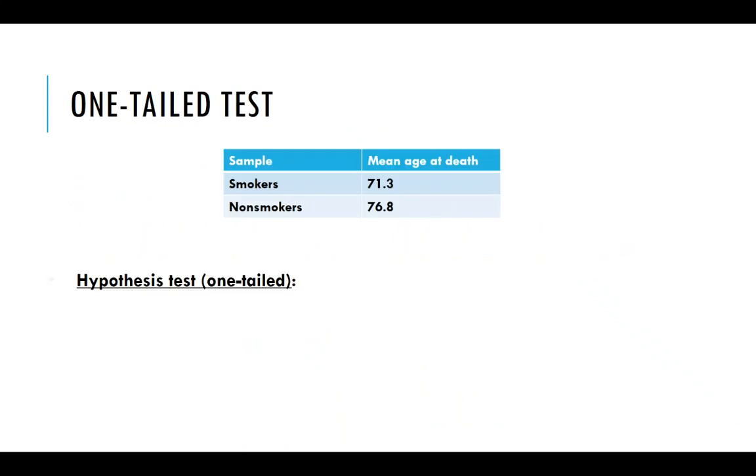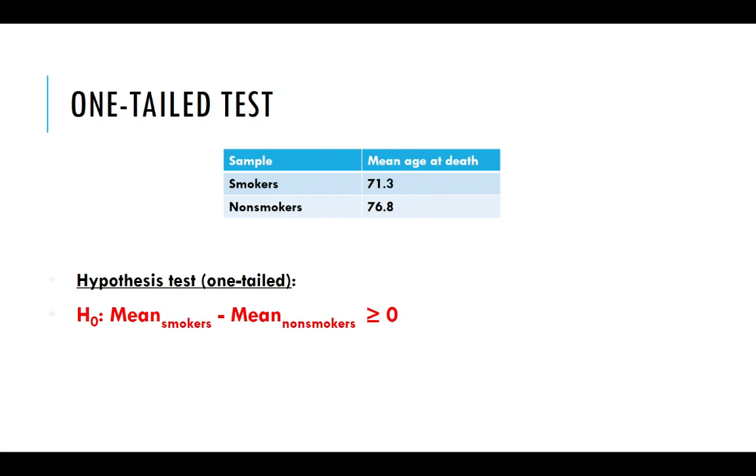So what would our hypothesis test look like for this example, which we've already said is a one-tailed test? Well, our null hypothesis, and again, there are different ways to write it, but make sure this one makes sense. Remember, this is the thing we don't think is true. Remember, we think that the mean age at death for non-smokers is greater than for smokers.